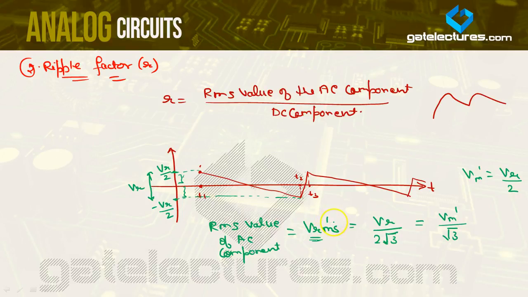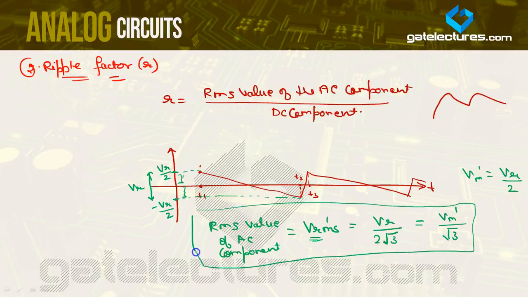Otherwise, if you mingle everything up, you are going to end up with wrong results. This is Vrms prime, equal to VR by 2 root 3. Understood? This is really important, so I'm marking it separately as important. We should be very clear with this.